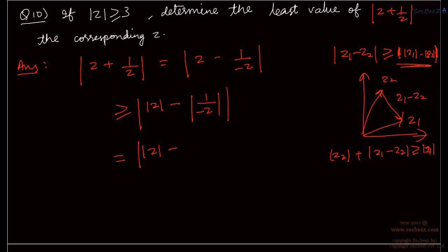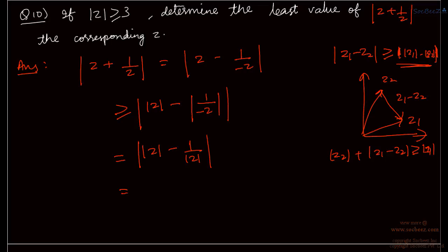Let us see what the second part means. First of all, 1 by minus z is nothing but 1 by z in modulus, the minus sign doesn't matter. And moreover, mod of 1 by z is nothing but 1 by mod z. So I can write this as this, right?